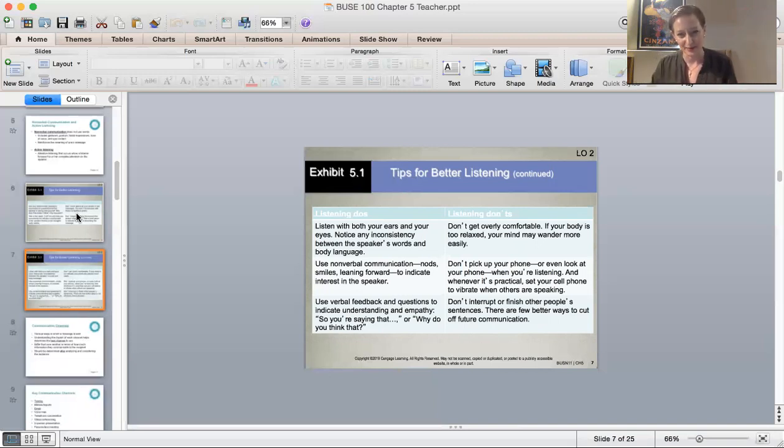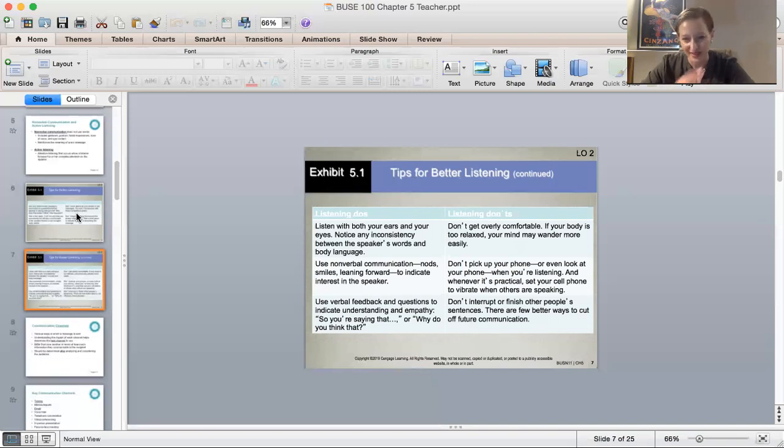Don't get too comfortable though. There's been research that shows that people feel like other people are listening when they lean forward. However, men tend to listen better when they're leaning back. So if you are a man and you're listening, be conscious that it's better to sit forward, because people are more likely to think that you're listening.